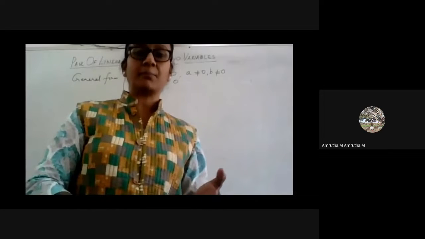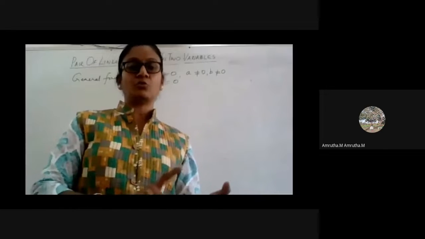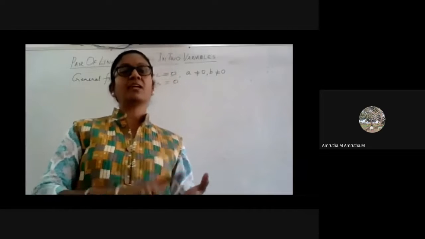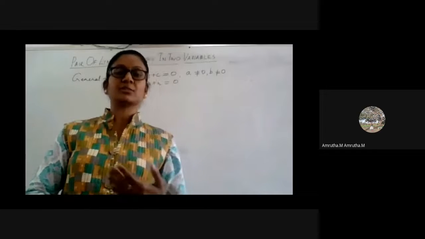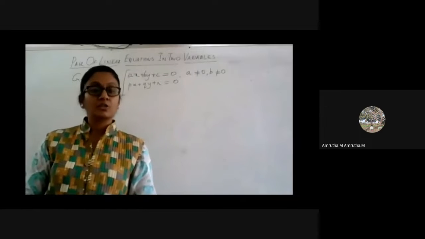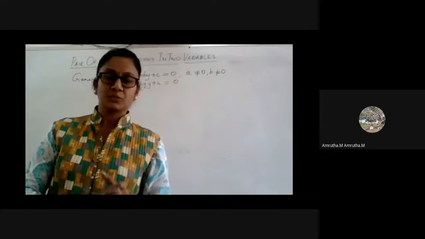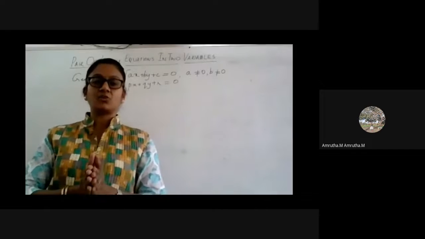Once these two are mastered, we can move on to the solutions, because these two are done eventually to reach the solution of both the equations together. So today's class, we are just going to concentrate on the condition given to us.